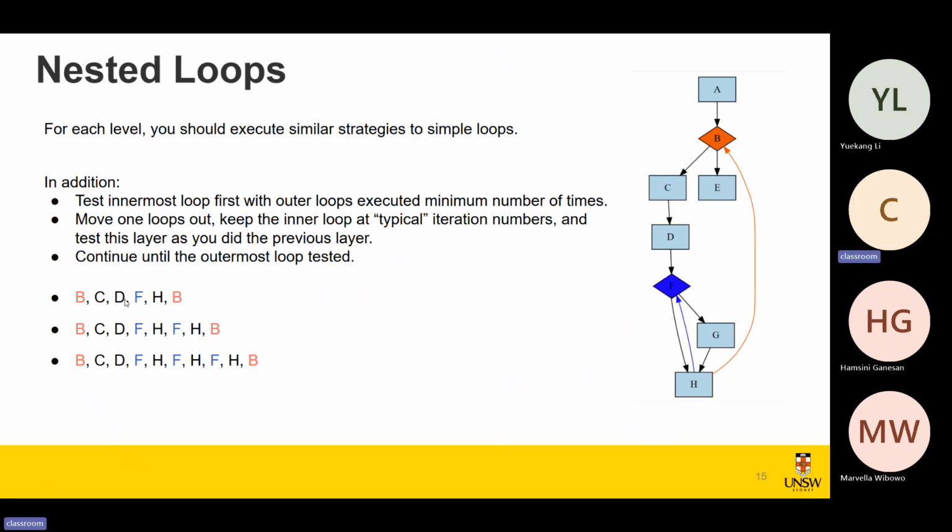And then after we finish designing the test cases that execute the innermost loop, we move one level up. For this test case, we can continue the execution by executing the outer loop in B twice, in B for 3 times, and so on for each one of them. So this is how we deal with nested loops.